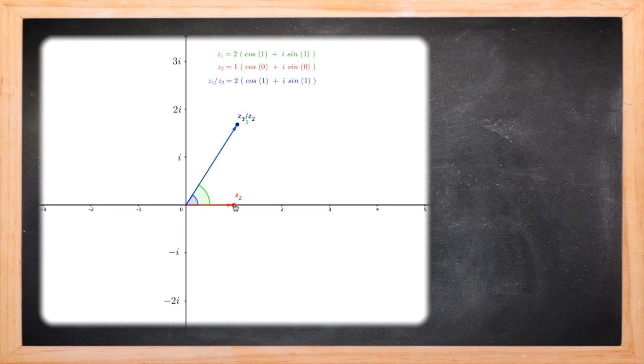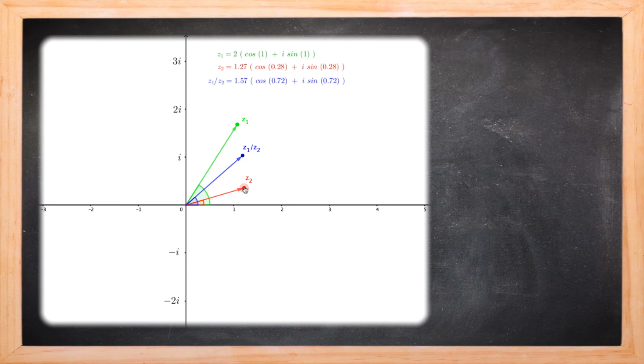Now let's try and increase the argument of z2. And let's check what's going on here for the arguments. We'll not look at the moduli, let's just look at the arguments. 1, subtract 0.28 and we'll get 0.72.